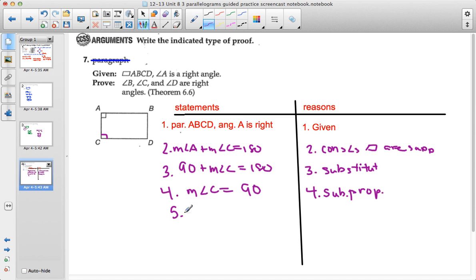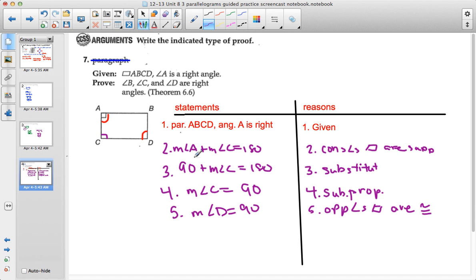Well, what I also know from previous theorems is that angle A and angle D are congruent because opposite angles in a parallelogram are congruent. I learned that as well in my theorems and properties of parallelograms. So I can say the measure of D is 90, and that is because opposite angles in a parallelogram are congruent.